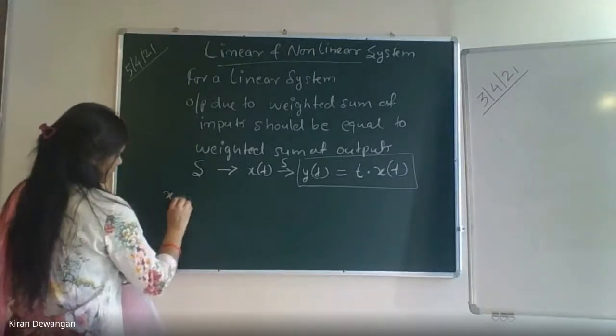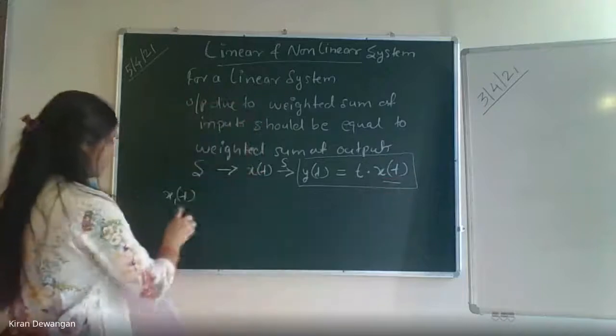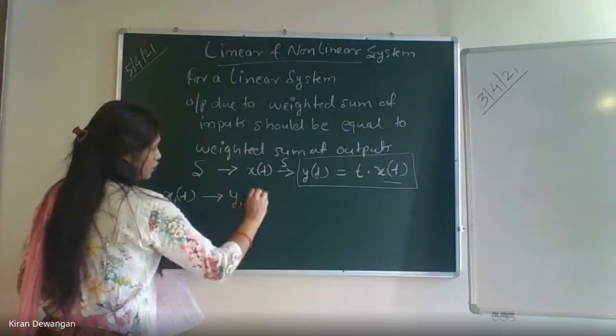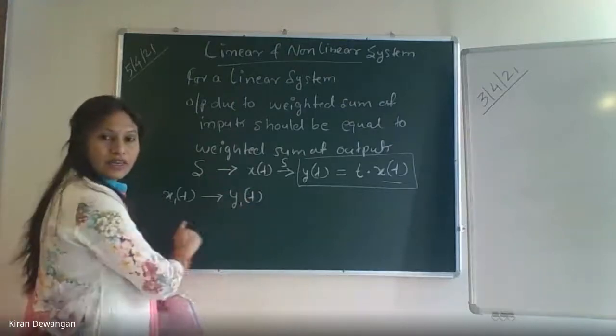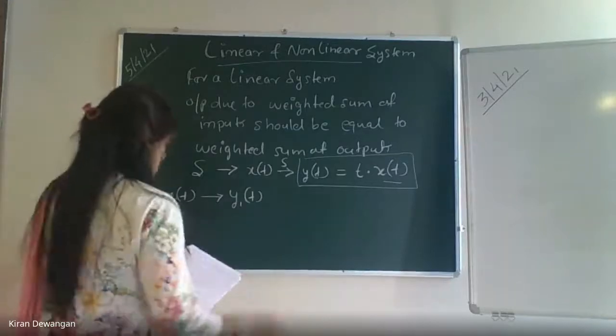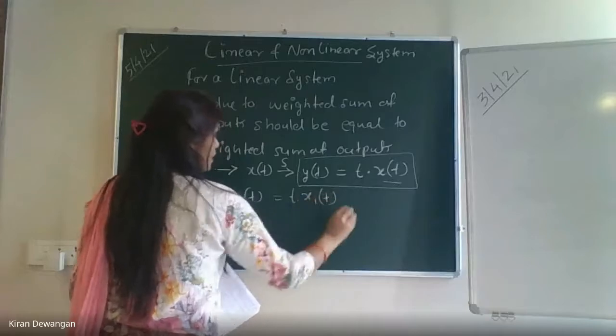Let x1(t) be the input. In that case, what would be my output? It will be y1(t), and this is going to be t times x1(t). Correct?